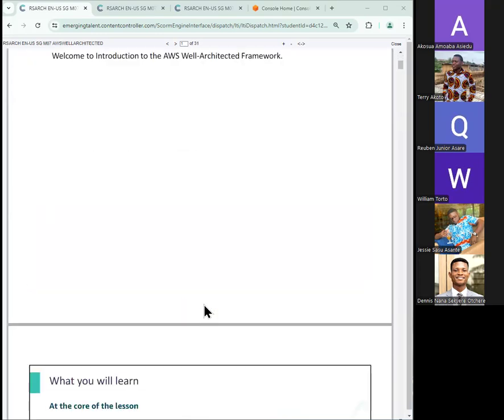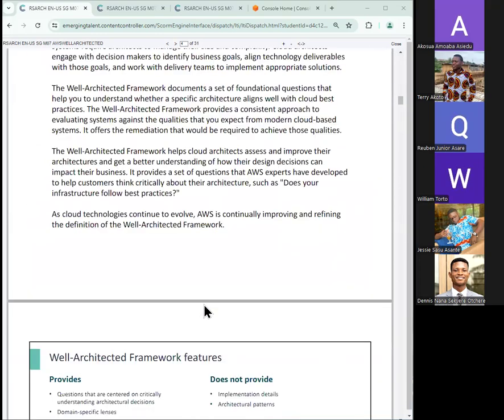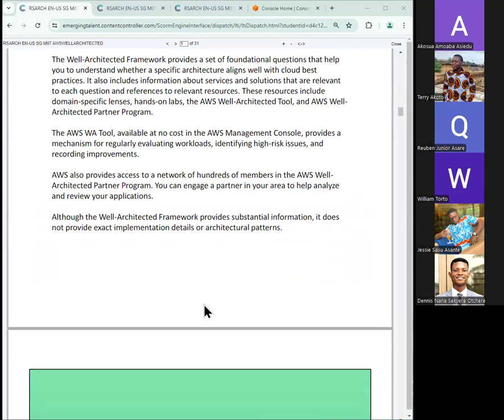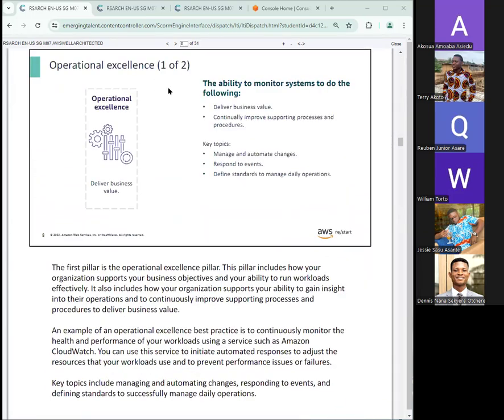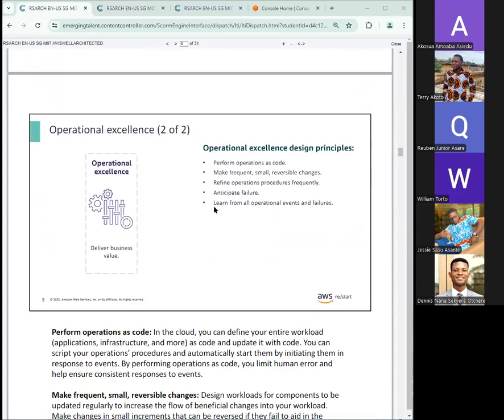So under each of them, we looked at what the pillar is about, which you'd find in one of two documents. And then we went on to look at the design principles of the pillar.